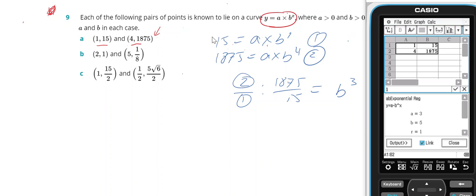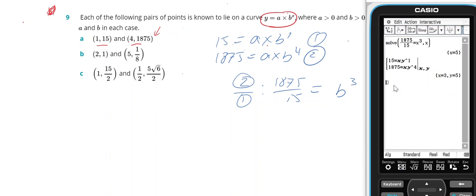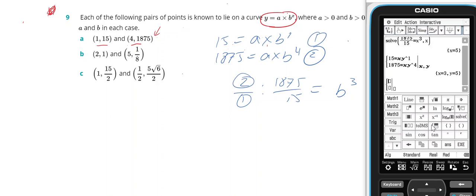I just want to highlight that for questions like part B, where you have a fraction, you cannot enter fractions directly onto the spreadsheet, so that's not an option. So you'll most likely have to enter it using the simultaneous tool. So when y equals 1, x equals 2, so x times y to the power 2.